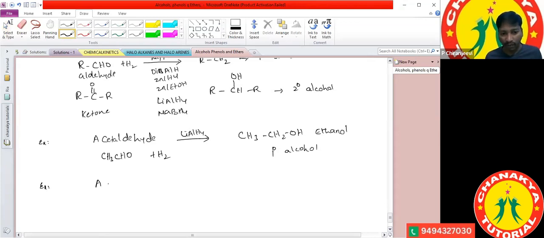Acetone. If the acetone is reduced with sodium borohydride, NaBH4, then what is the product formed? What is the IUPAC name of the product?